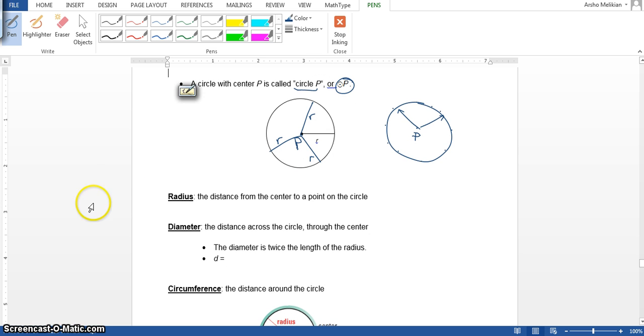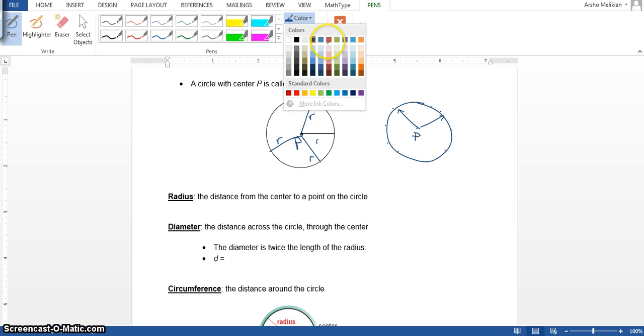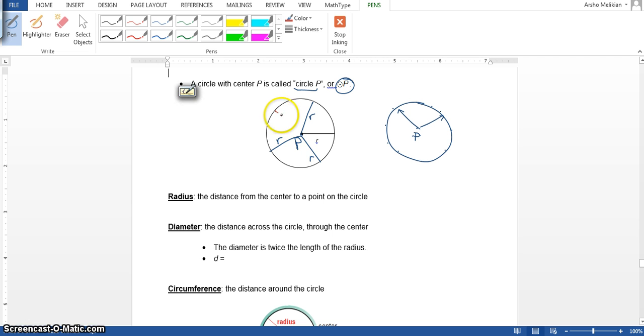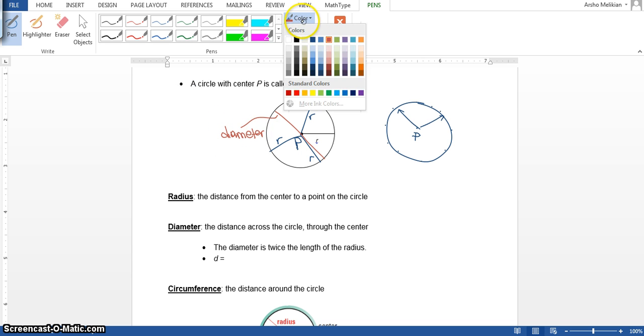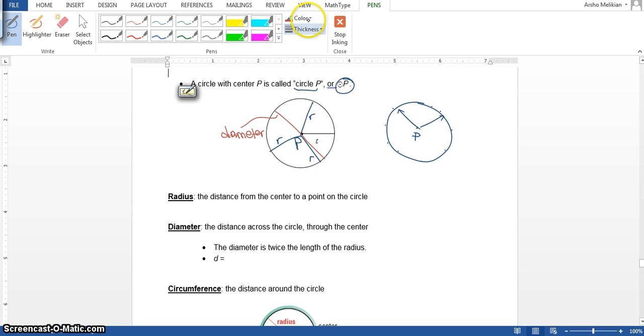Now, if I drew a line that goes from one edge of the circle through the center, that's the key word, through the center and over to the other edge of the circle, I have a diameter. If we look at a diameter more closely, what is it made of? It's made of two radii.